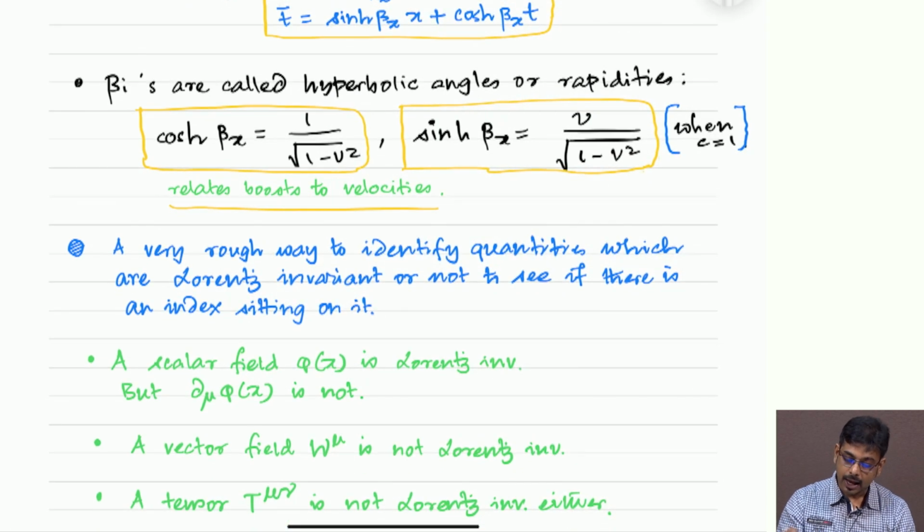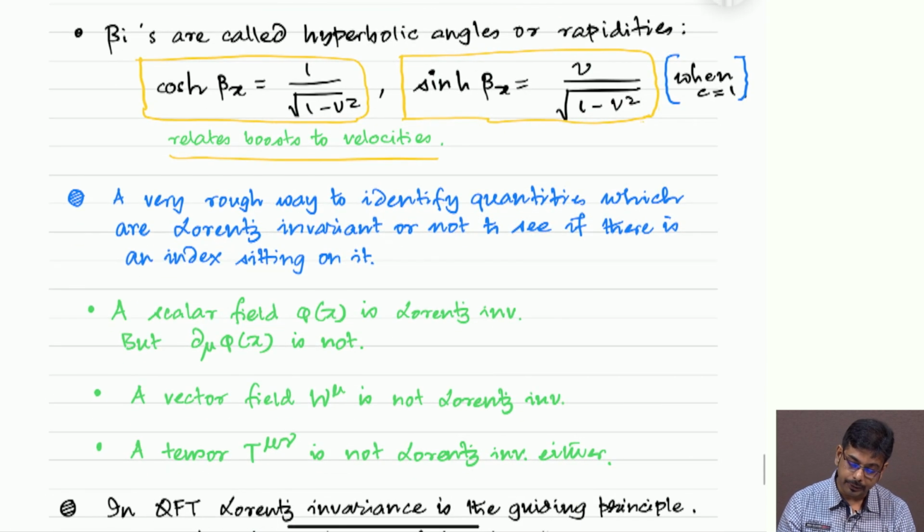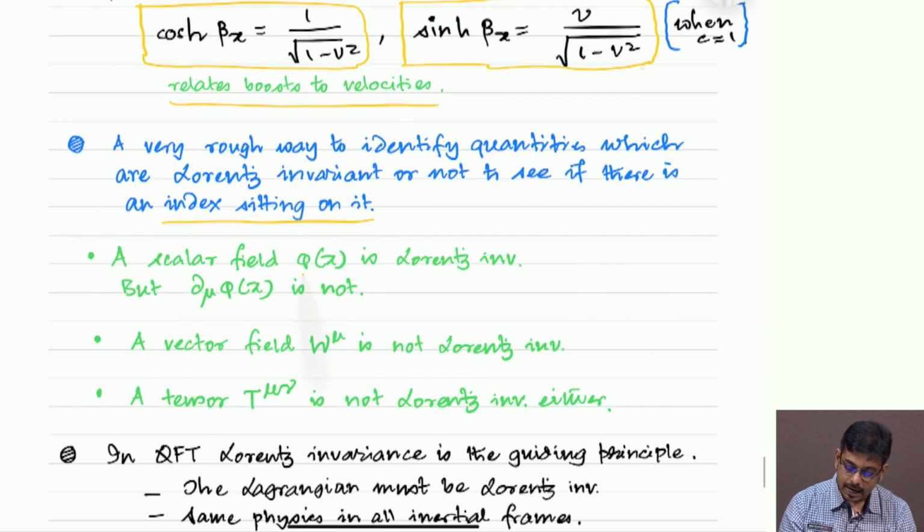So, finally, to sum it up, we can identify different quantities which are Lorentz invariant, and the basic way to do it is to see whether there is a Lorentz index sitting on it. For example, a scalar field is a Lorentz invariant quantity, but when you take the derivative, it is not, it is rather a vector.